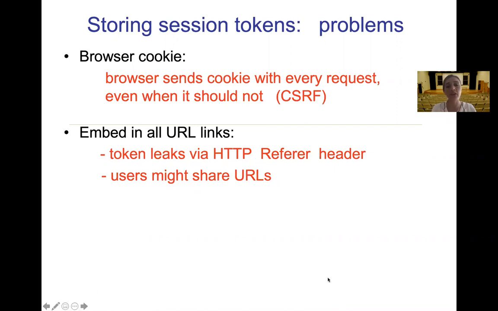Okay, so this referrer header leaks, and it's a problem because now I have in bank.com the session ID, the session token for bank.com, and I go to the weather channel. So now the weather channel gets to know which URL I was at before, which maybe it's fine to know that I was at bank.com, but it's not fine to see the session token I had there. Okay, exactly. So these are problems with this approach.